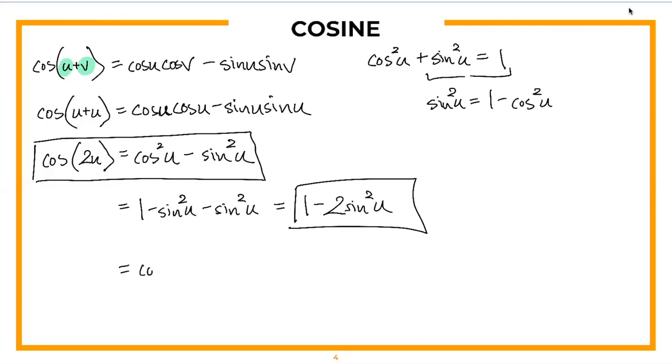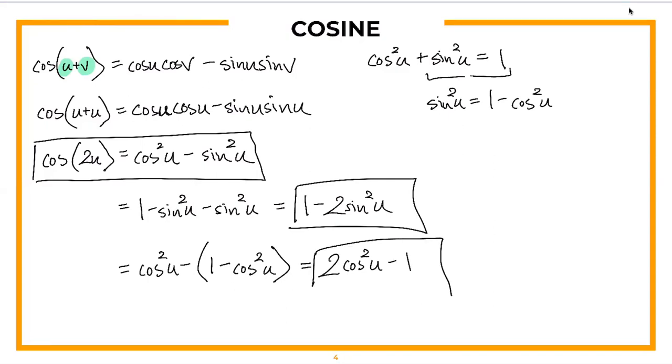So we get cosine squared u minus, instead of sine squared, I'm going to write 1 minus cosine squared u. And that's going to simplify to 2 cosine squared u minus 1. And that is the third version of the cosine double angle identity.